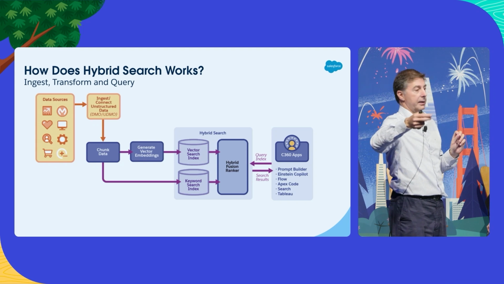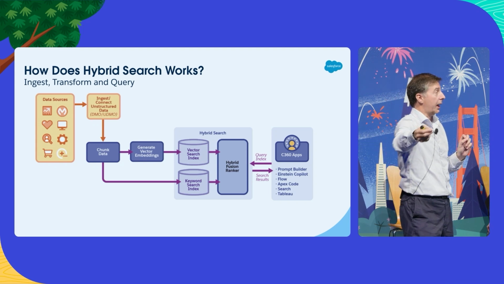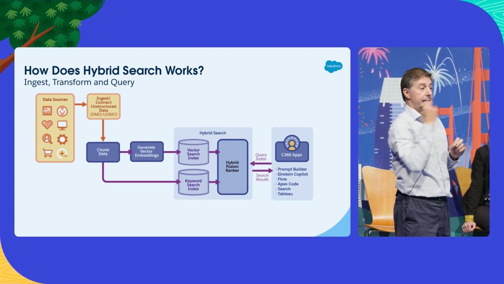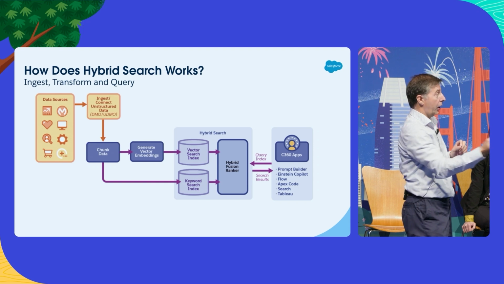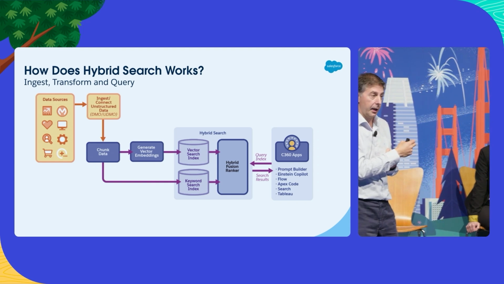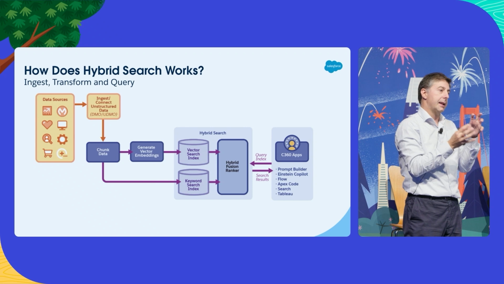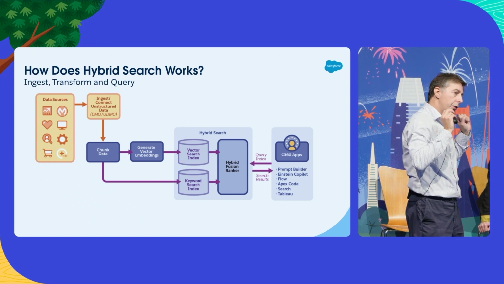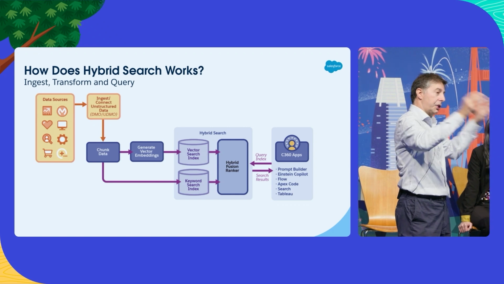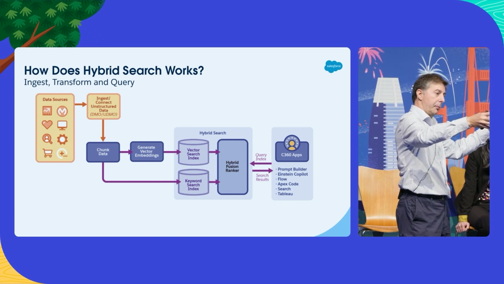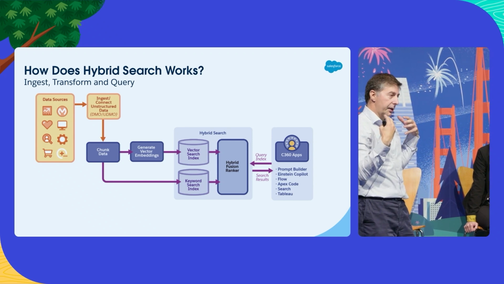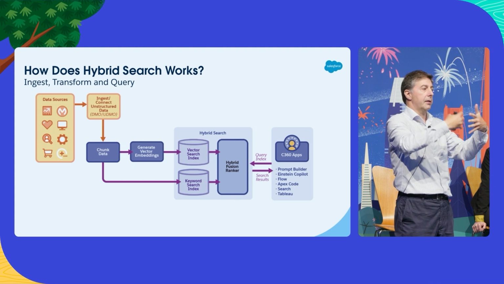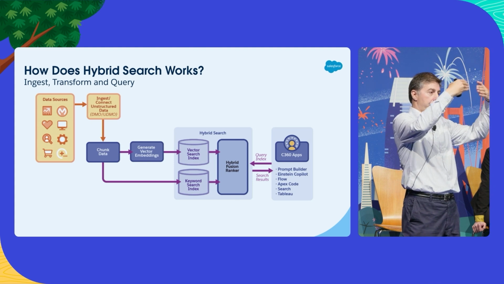So the third part is when your applications are going to call the hybrid search service and send a query. That query goes to the Hybrid Fusion Ranker, which is the main module inside Hybrid Search that coordinates the resolution of the query. And it's going to send the query both to the vector search and to the keyword search at the same time. They both will return the results, and then the Hybrid Fusion Ranker is going to re-rank the results and bubble up the most relevant on top.